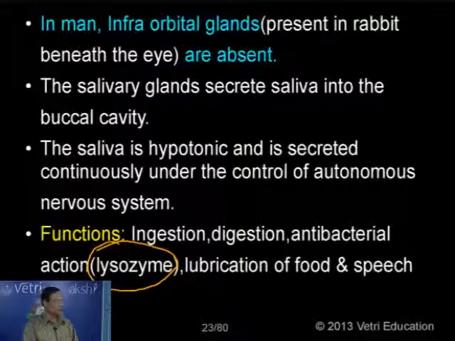Also, saliva is responsible for speech. If your tongue or mouth cavity is dry, you cannot produce sound or speak. So one of the functions of saliva is helping in speech. These are some of the functions related to the glands. Now let's see more about it.